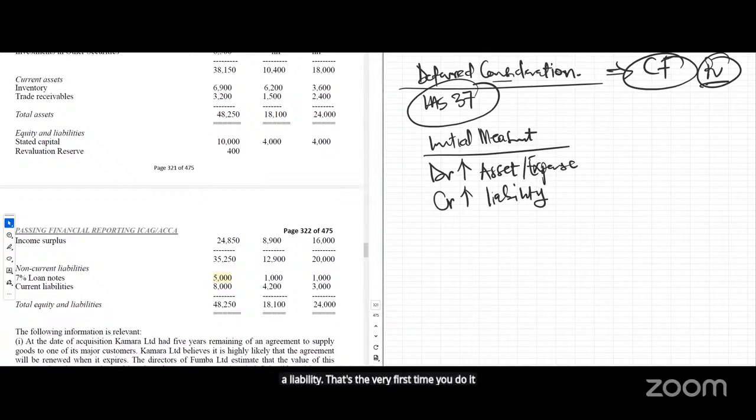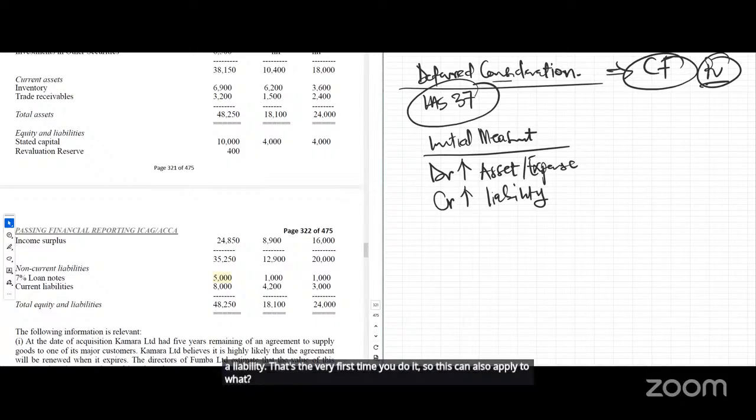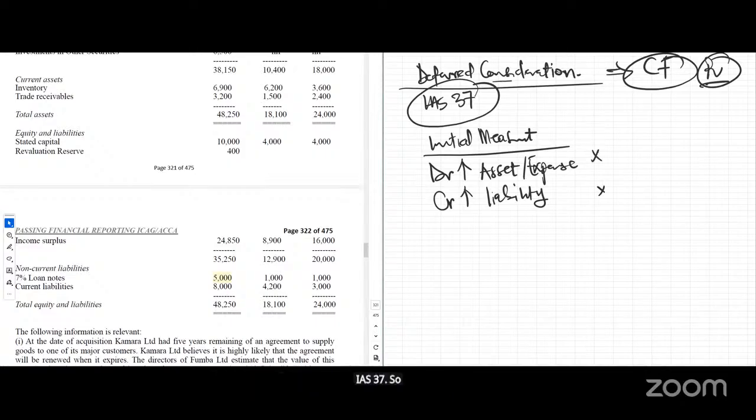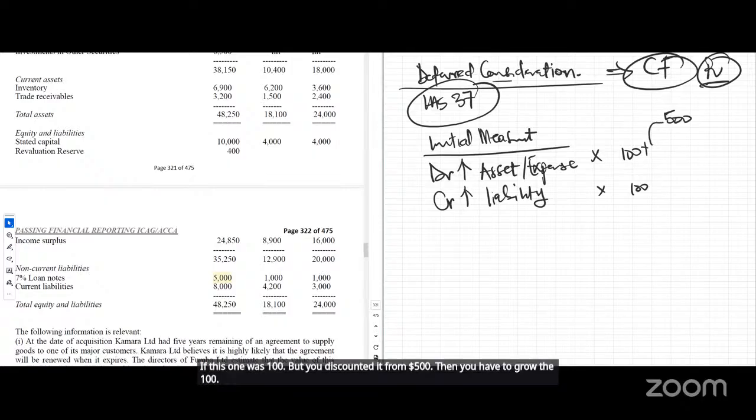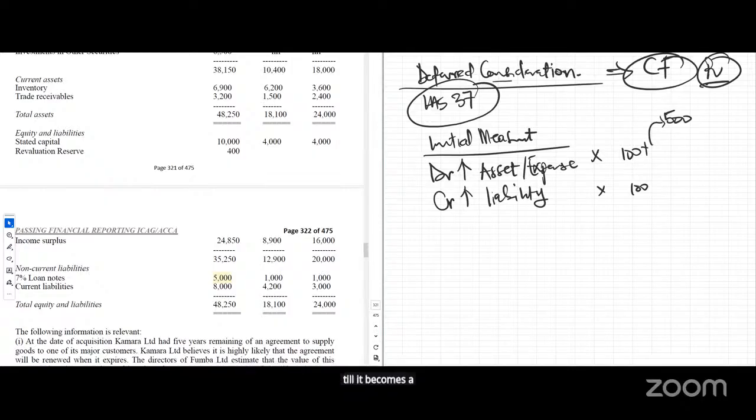This can also apply to IAS 37. If they tell you the asset has a dismantling cost, you discount it to get the fair value as at today, then you create a liability. But if this was 100 after discounting from 500, then you have to grow the 100 till it becomes the 500. Do you get the idea?